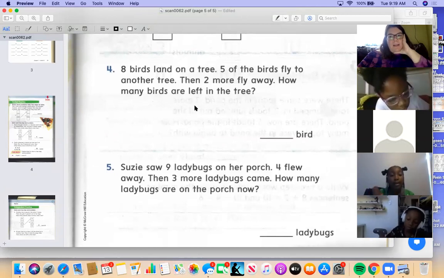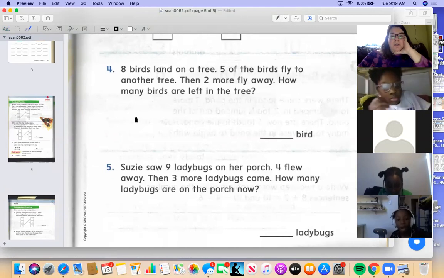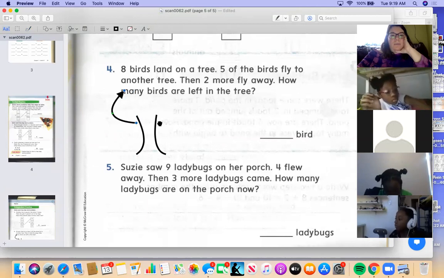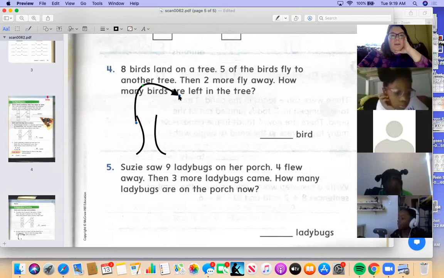Okay, last one, I want you to try this one on your own. 8 birds landed on a tree. Sometimes it helps to draw a picture. So that's also another strategy you can do. So we've got a tree.